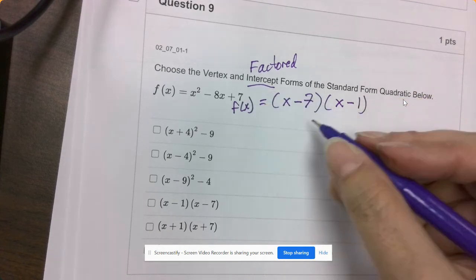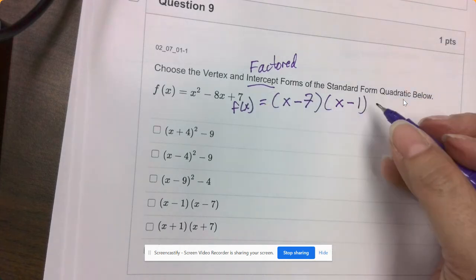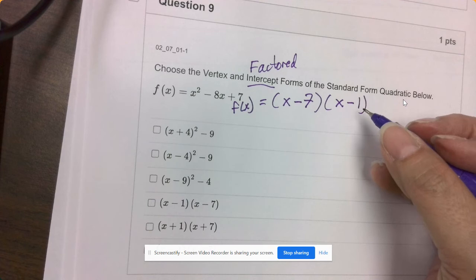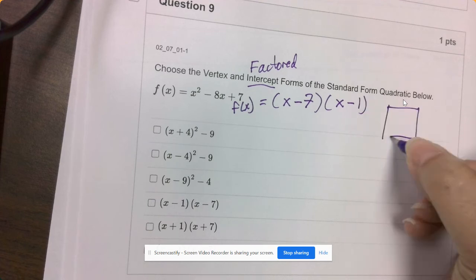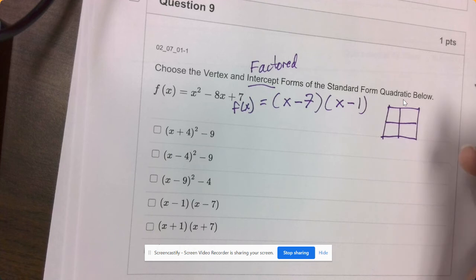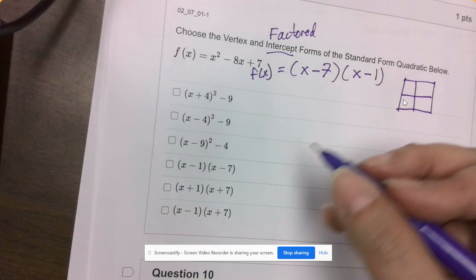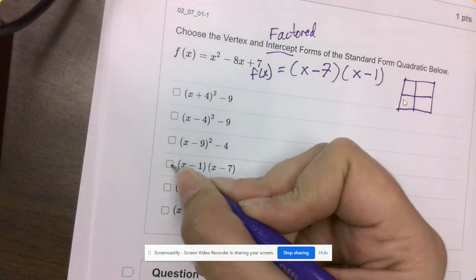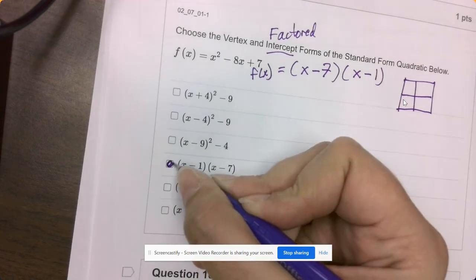Okay, you can also do the box, everybody, to help you figure out what it would be. Okay, so it's going to be this one.